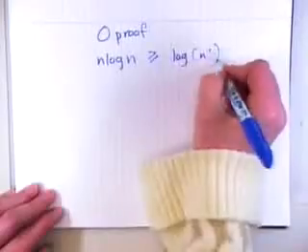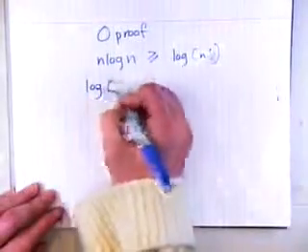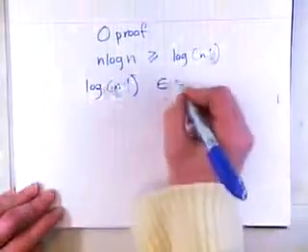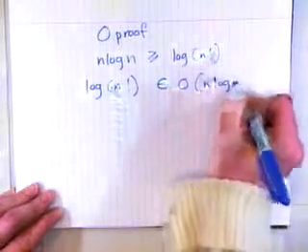Actually, let's see. So we just did a big O proof. We just proved that n log n is greater than or equal to log of n factorial. So we really just proved that log of n factorial is in big O of n log n.